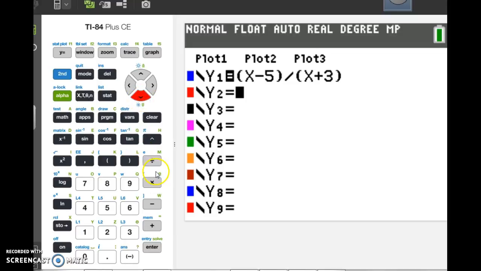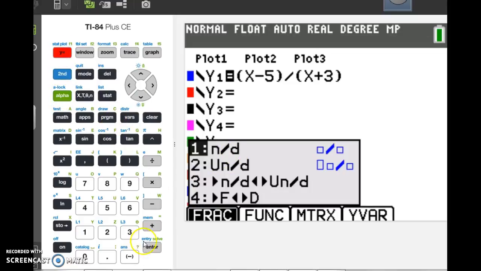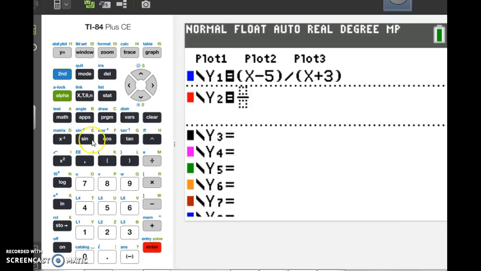All right, the other way to enter it, I'll do it both ways so you can see it, is using the alpha key. Alpha y equals, pick number 1, so it looks like a fraction. And when you do it using the alpha key as a fraction, you don't have to put it in parentheses. So it's just x minus 5 over x plus 3.